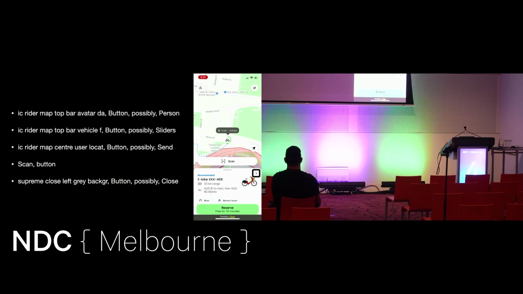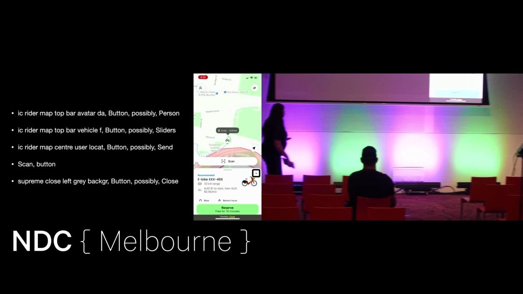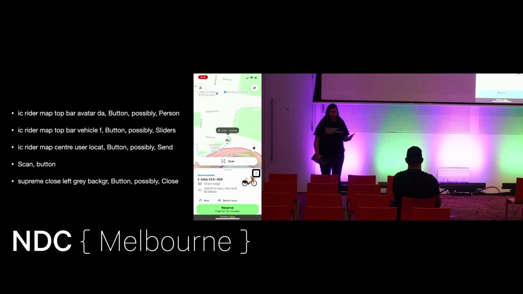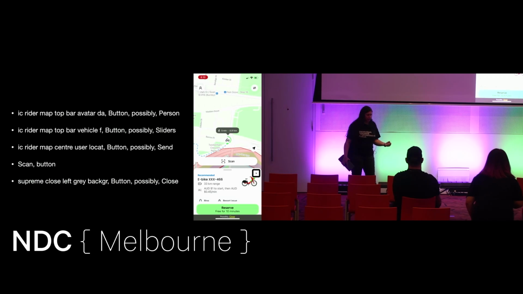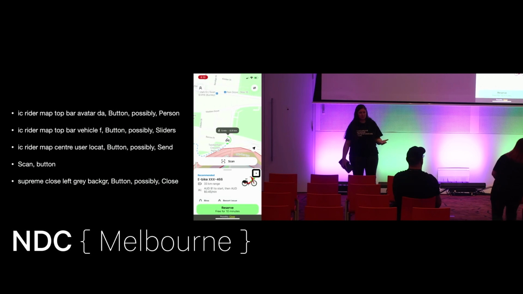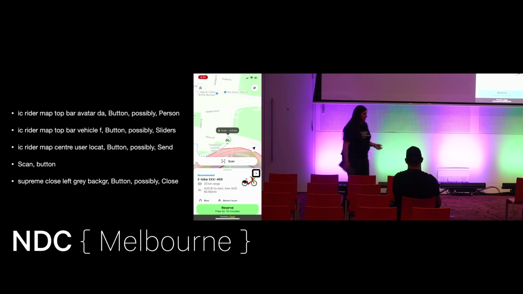VoiceOver, Apple's screen reader, is trying to do a nice job and trying to describe the icons that those buttons are. So the possibly person, possibly sliders, possibly, that's VoiceOver sort of going, I'm trying to help here. That's got nothing to do with how it's been devved. How it's been devved is that first bit, which is rubbish.